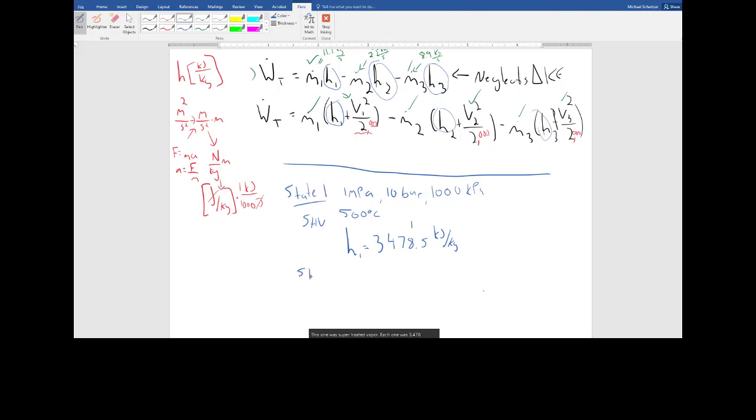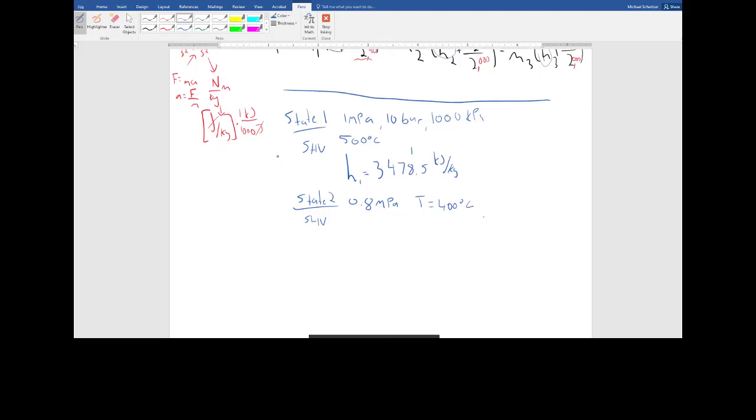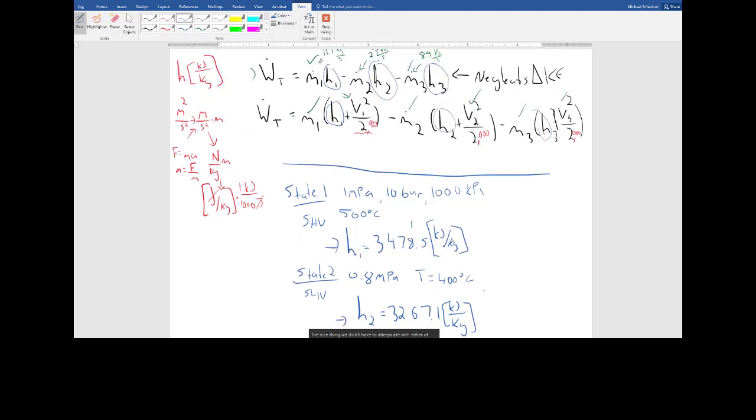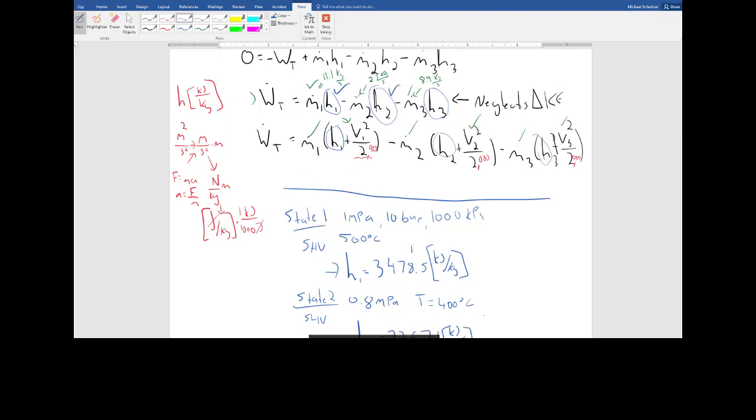State 2, which was also a superheated vapor, 0.8 megapascals, and a temperature of 400 degrees Celsius, H2 was equal to 3267.1 kilojoules per kilogram. The nice thing, we didn't have to interpolate with either of those 2 numbers. So now I look up here. Oh, I know H1 and I know H2. That's pretty good. Still need to find H3.